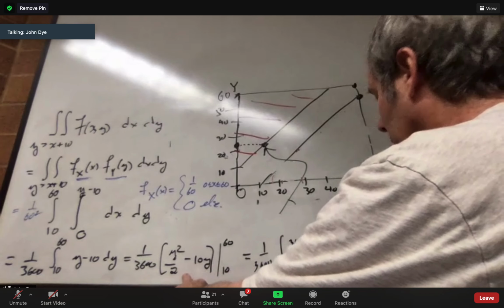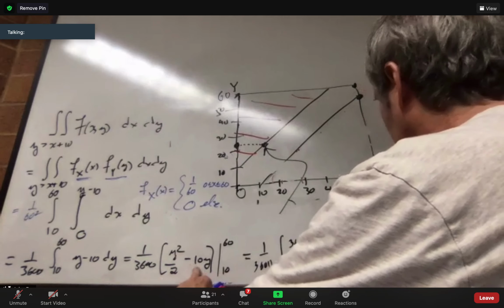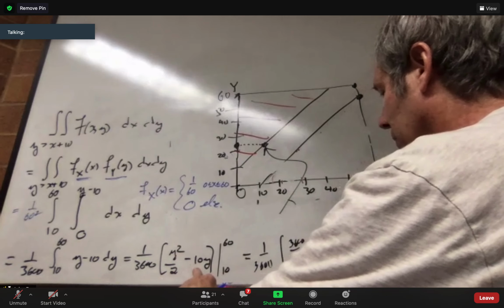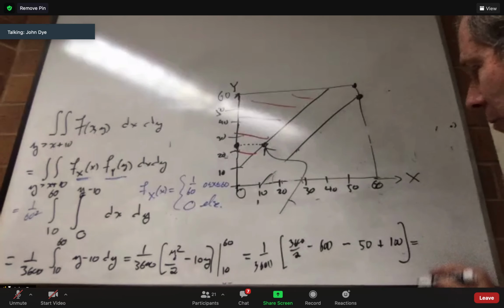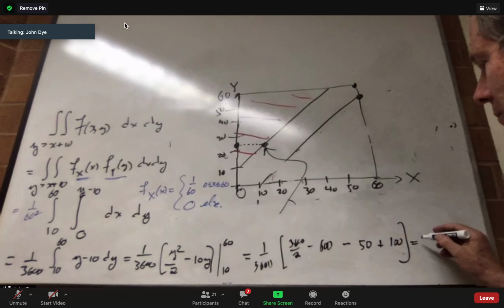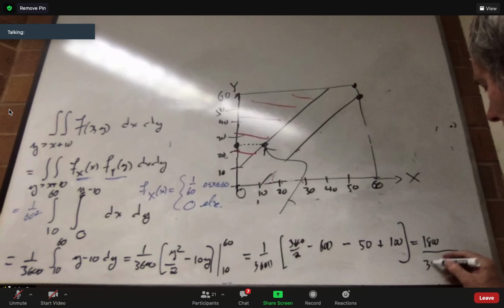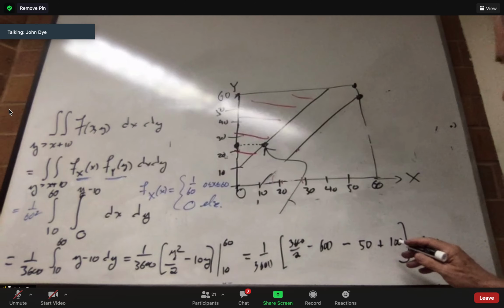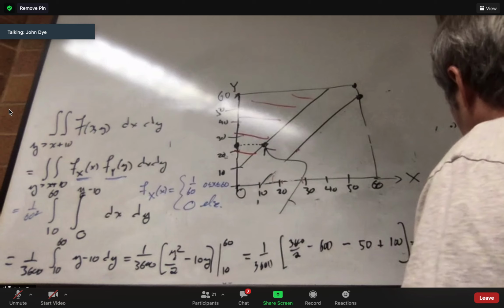At 10, so minus 50 plus 100. Okay, I don't know. Let's see how good my algebra skills are. Whatever. What is this? This is 1800 minus what? Okay, so it's minus 550.